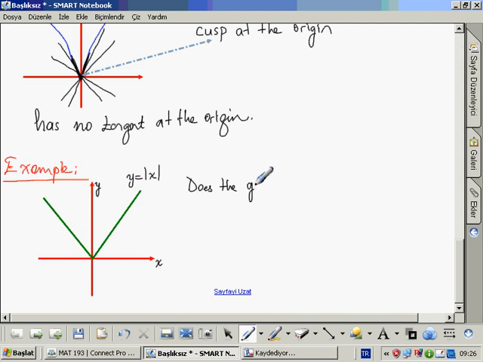Does the graph of y equals absolute value of x have a tangent line at the origin?